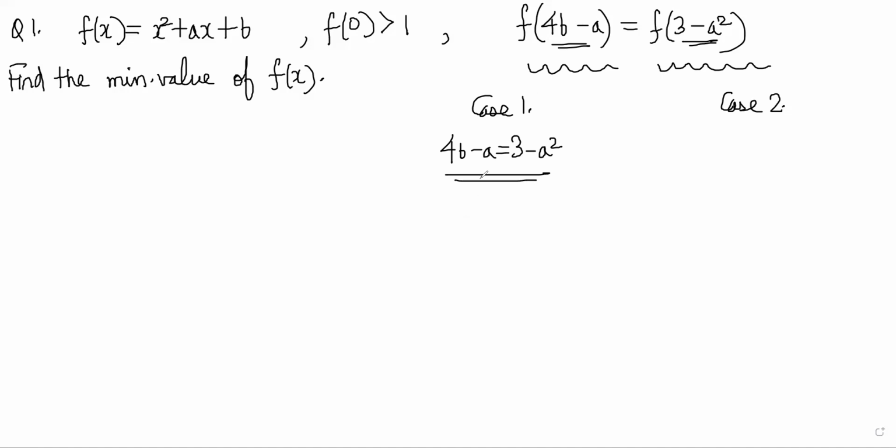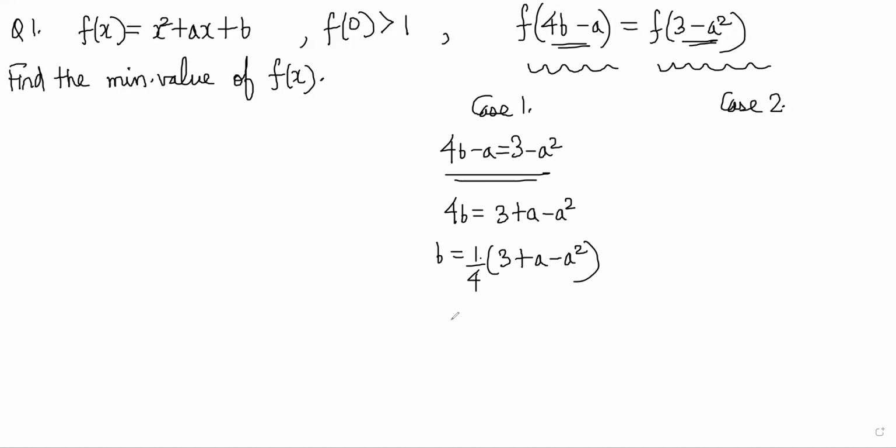So let's analyze this case 1 a little bit. This means 4b is equal to 3 plus a minus a square, or that means b is equal to 1 by 4 times 3 plus a minus a square.